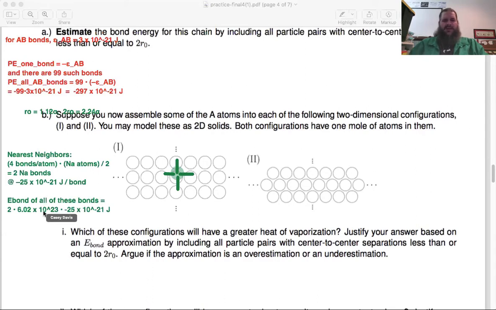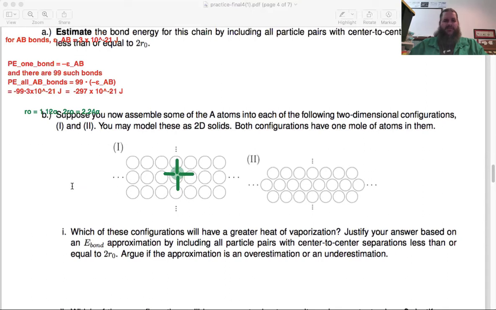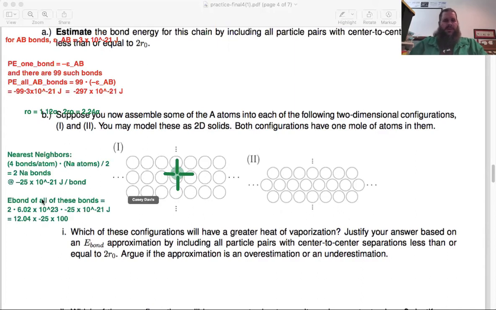And we can combine the 10 to the 23rd and 10 to the -21 to just get 10 squared. So 2 times 6.02 would be 12.04, times -25, times 100. So about 12 times 25 would be what, 300?